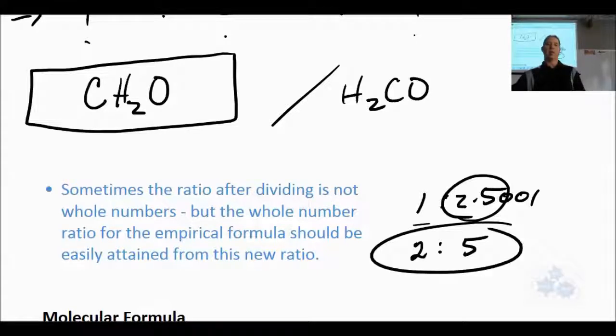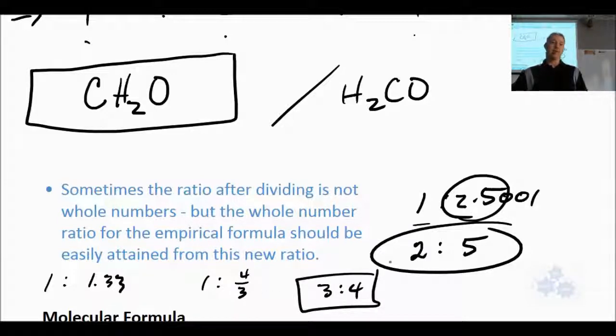Likewise, if you had something like 1 to 1.33, that's too far away from 1 and too far away from 2. You can't round that. So 1.33 would be 1 1/3, or 1 to 4 over 3. If you multiplied everything by 3, you would get 3 to 4 as a whole number ratio. Okay? So just note that.